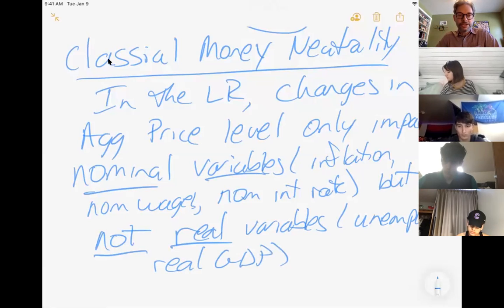In the long run, changes in the aggregate price level only impact nominal variables, but they don't impact real variables.